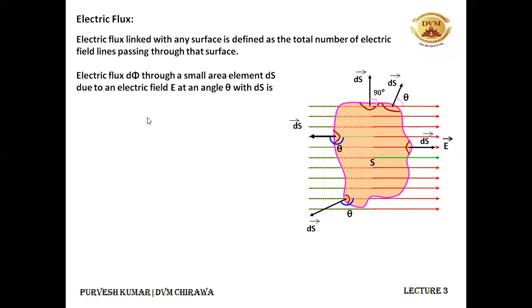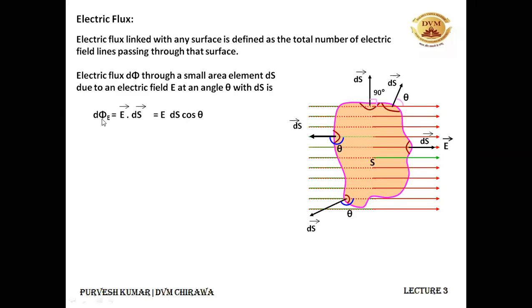Let's calculate a very small flux through the small area element ds. This is my area element ds, which makes an angle theta with the electric field. This angle is theta, the angle which the area vector ds makes with the electric field. In order to calculate the small electric flux through this surface, I am using a formula: the dot product of the electric field vector and the area vector gives you the electric flux.